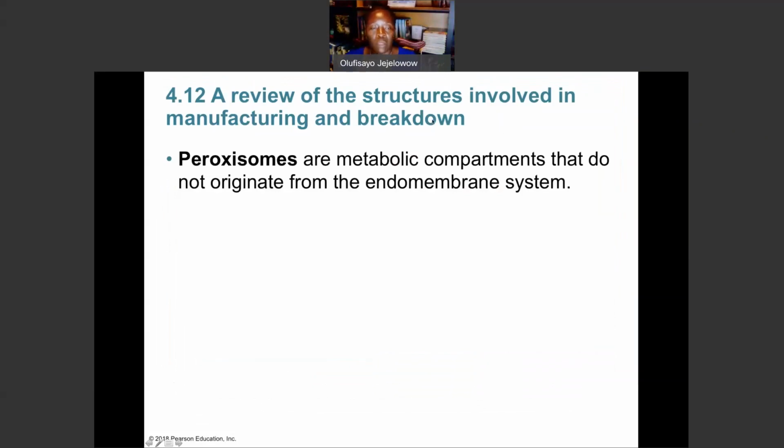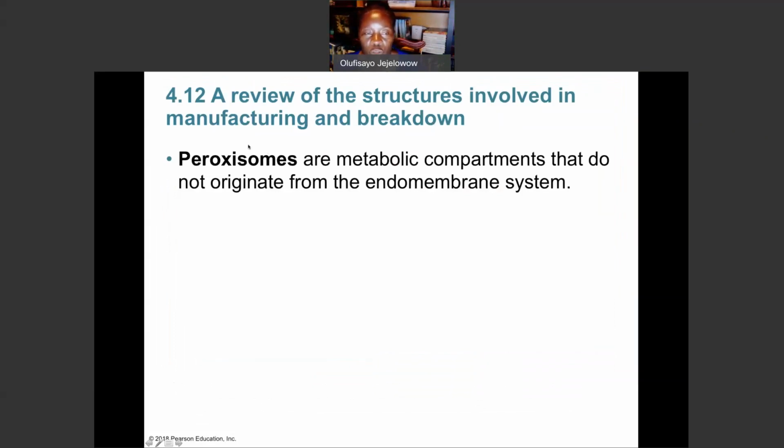So peroxisomes are metabolic compartments found in the cell, but they do not originate from the endomembrane system. So remember that peroxisomes do not originate from the endomembrane system. They contain enzymes that can digest peroxides.